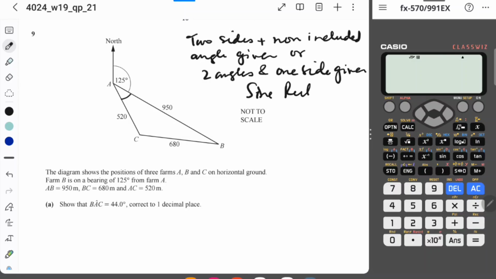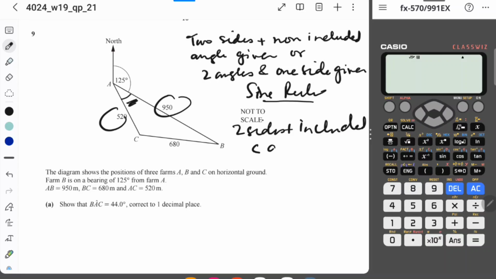Okay, and in cosine rule, two sides and included angle given, like these two sides and included angle given, or all the three sides.